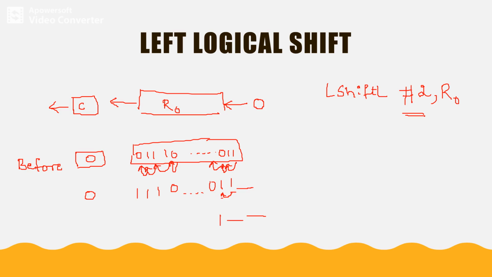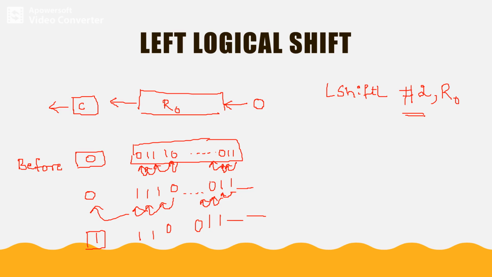This 0 will come to the previous location, and this 1 will come to the carry location. This is the new value of the processor register after performing L shift L with counter 2 on register R0.